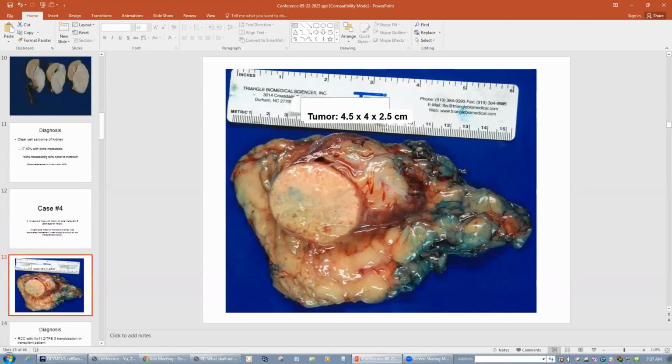That's a little bit of residual kidney. There's fat. So you can see the kidney has very atrophic change. And in this surrounding fat is a tumor, very well circumscribed. It looks like it has a capsule. Tumor size is 4.5 by 4 by 2.5. It's very yellow, looks like a firm yellow.